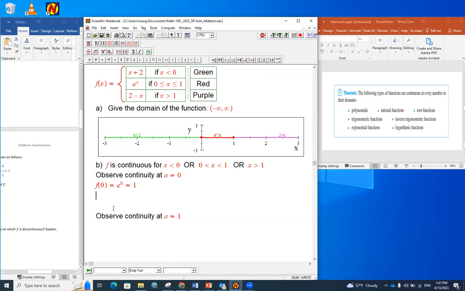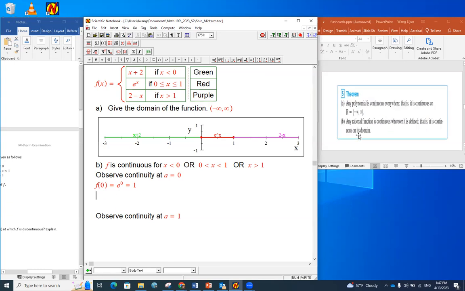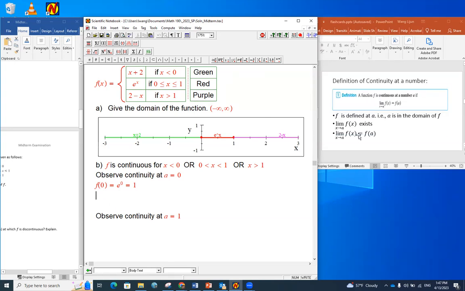The first question: the continuity definition. Where's the continuity definition? Right here. A, B, we're going to look at the limit. The limit when x is approaching 0 from smaller than 0, f of x.